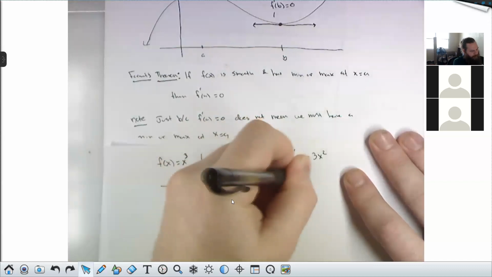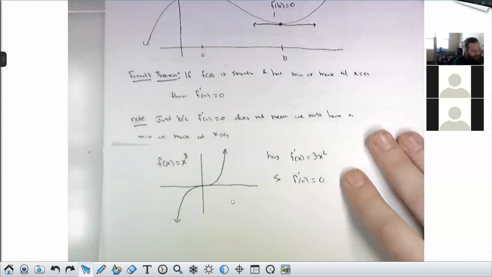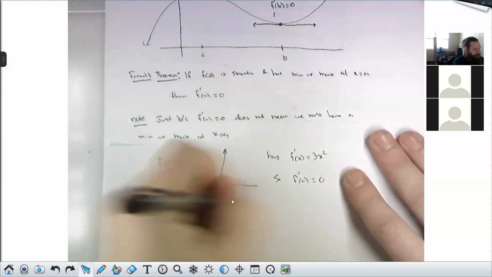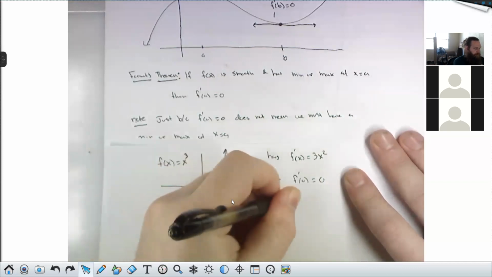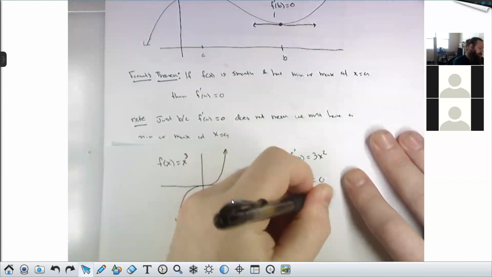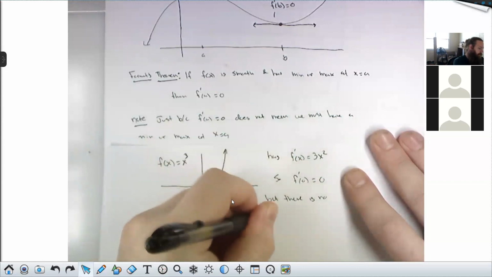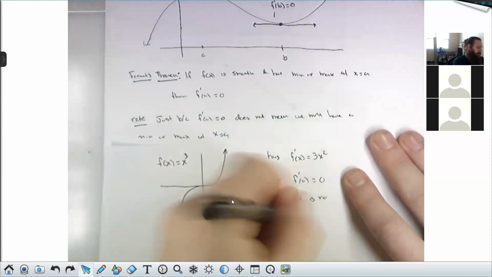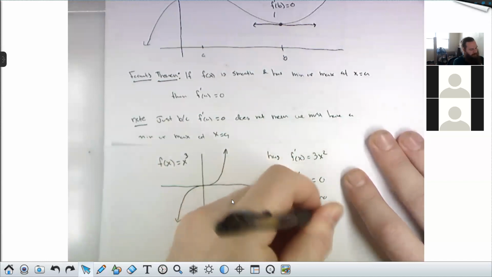So f prime of 0 is equal to 0. But there is no min or max at x equals 0.